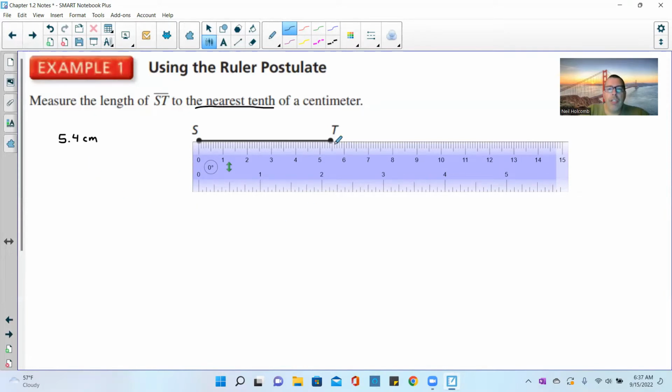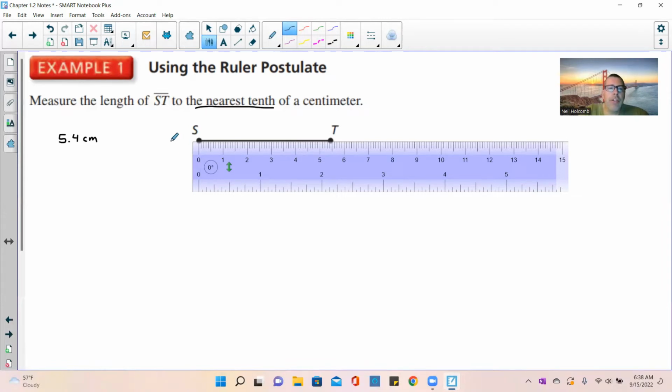5.4 centimeters: 5, and then 1, 2, 3, 4 marks here. Those are 4/10. The metric system is all in tens. It's very easy. There's 10 millimeters in a centimeter, 100 centimeters in a meter, and 1,000 meters in a kilometer, kilo meaning 1,000.